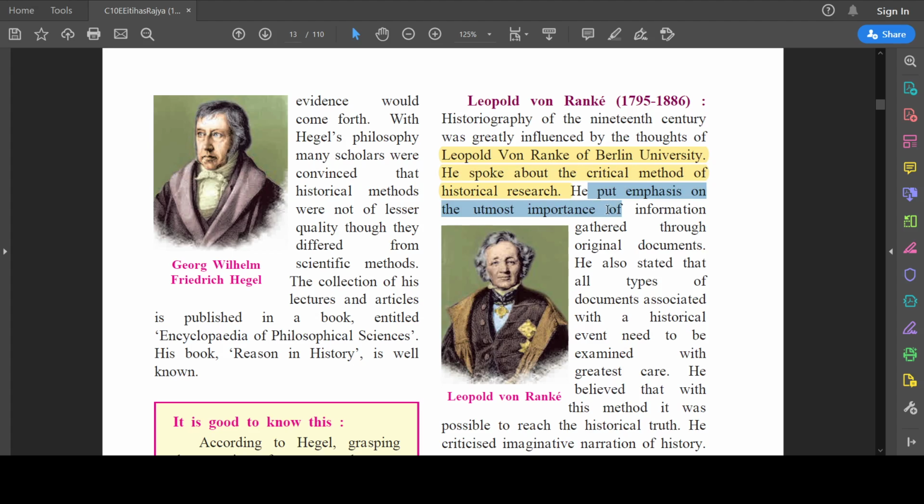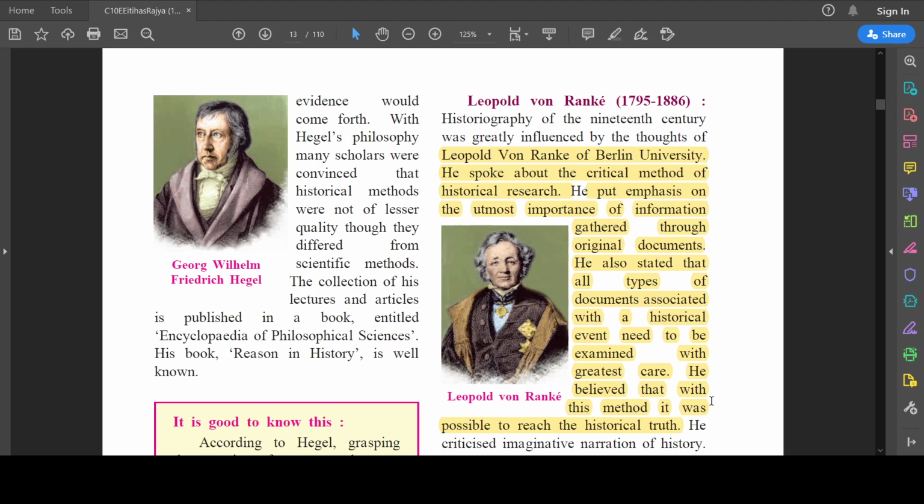Second, he put emphasis on the utmost importance of information gathered through original documents. That's your second point. Third, he also stated that all types of documents associated with a historical event need to be examined with greatest care. That's your third point. And the fourth point is, he believed that with this method it was possible to reach the historical truth.